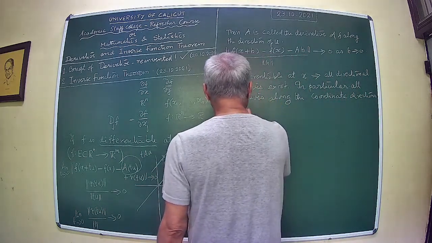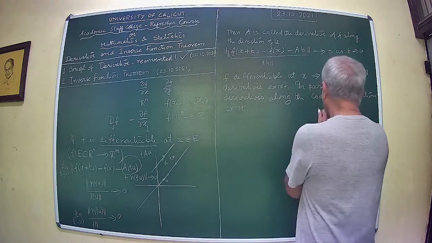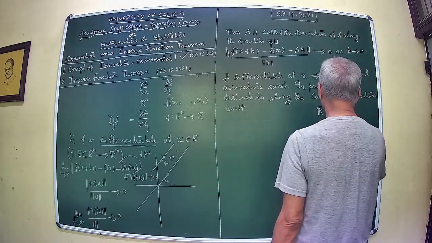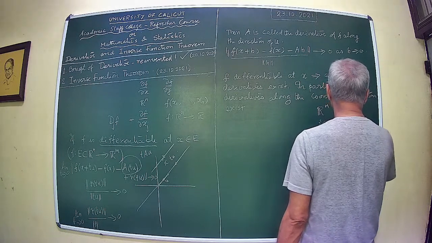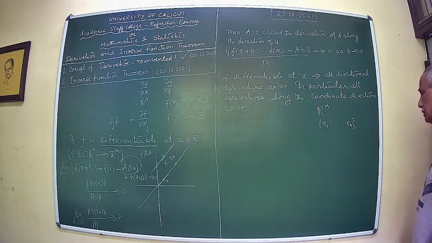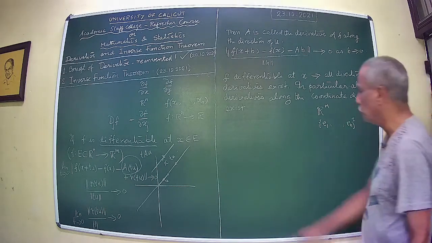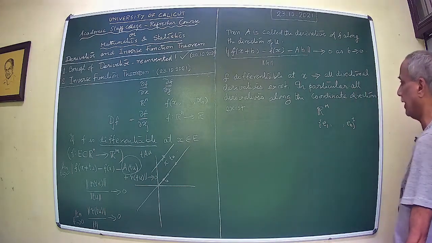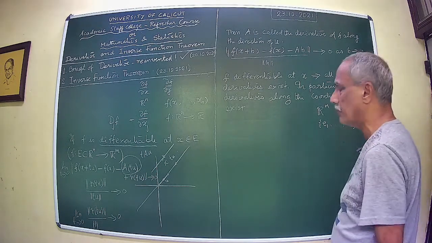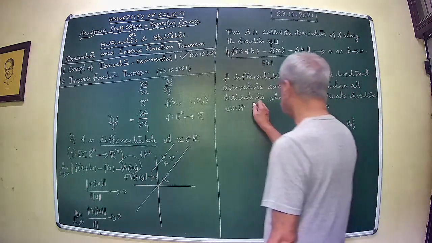By which I mean, you have got in Rn, suppose e1, e2, etc., en is the standard basis. Then you take the directions e1, e2, etc., en, and compute the derivative, and they are what you call the partial derivatives. These are the partial derivatives.